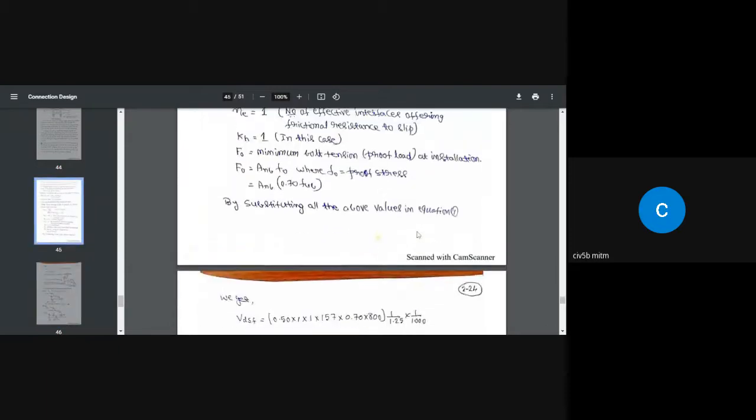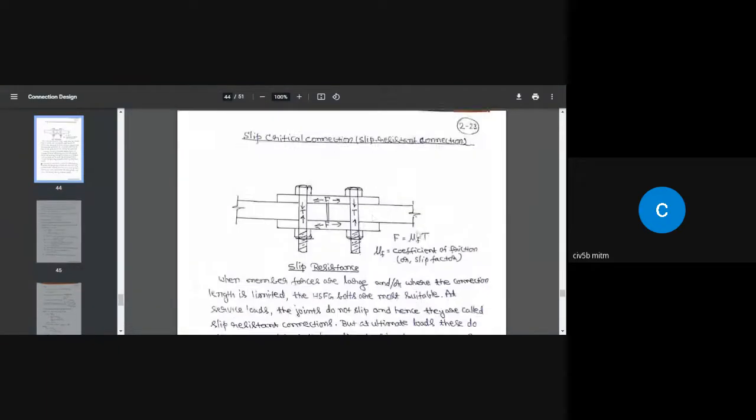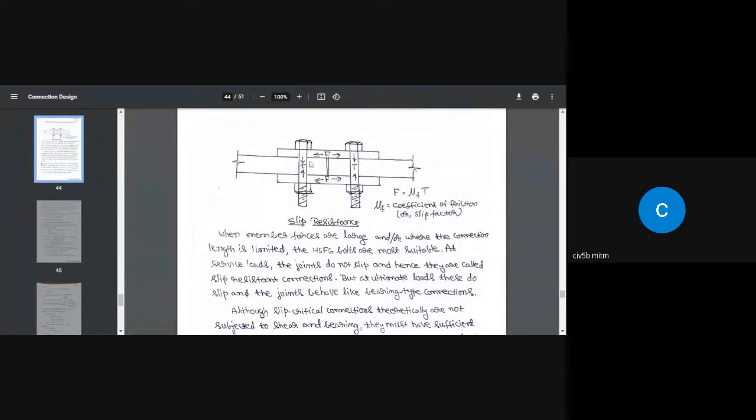So when slip is permitted, there is going to be contact between the side of the bolt and the side of the plate. Then what kind of connection does that become? It becomes a bearing type of connection.